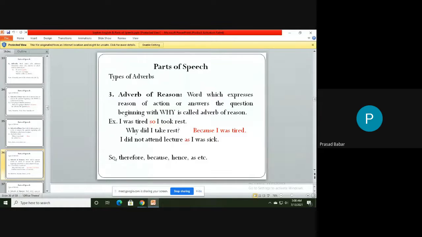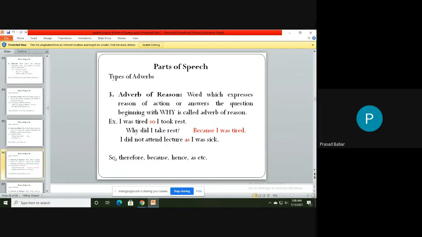It means the reason behind some action or deed.